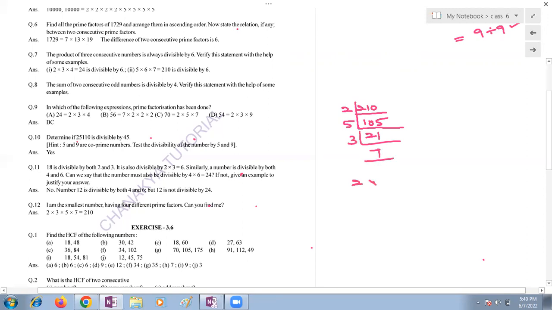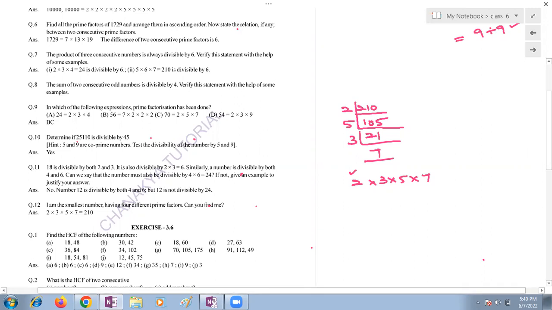Instead of doing this method, can't we directly take the starting 4 smallest prime numbers? Yes, if you are very good at expressing as prime factors, you can do this directly.